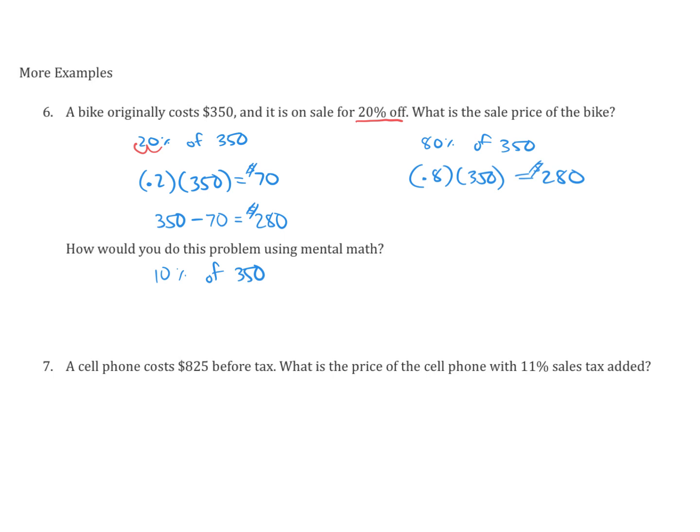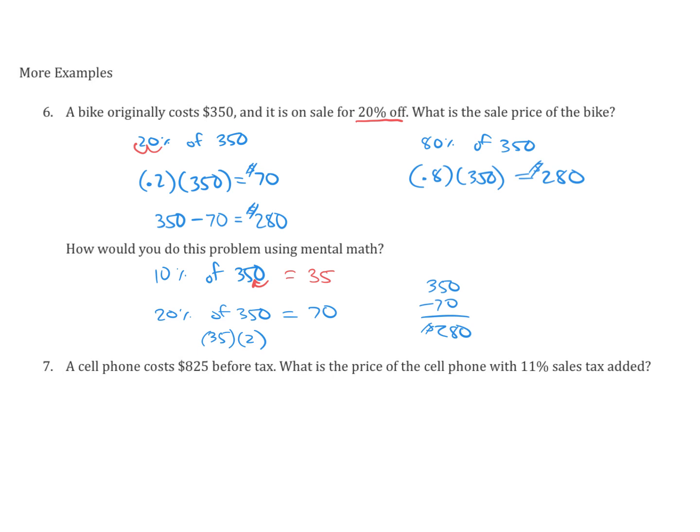So 10% of 350 is like dividing by 10, and the decimal just moves one place over. So 10% of 350 is $35. And if I double that, 20% of 350 would be $70, which was 35 times 2. And then, same step as before, 350 minus 70 is 280.